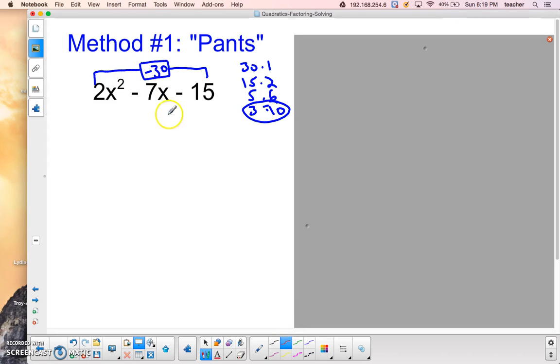We're going to take that negative 7x and we're going to split it. And so we're going to make one of them a positive 3x and the other one a negative 10x. So we're splitting this middle term and we're going to just bring down the first term and the last term.